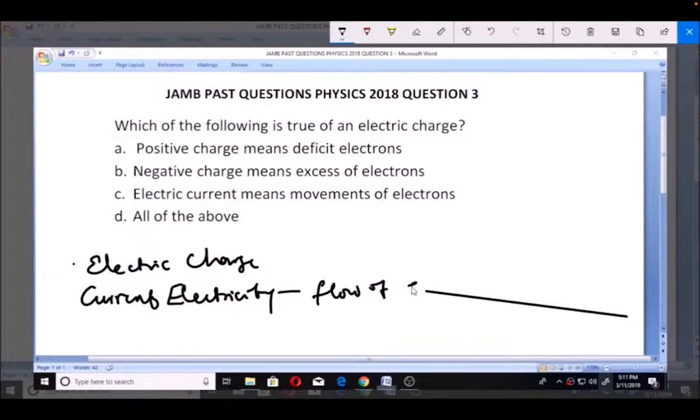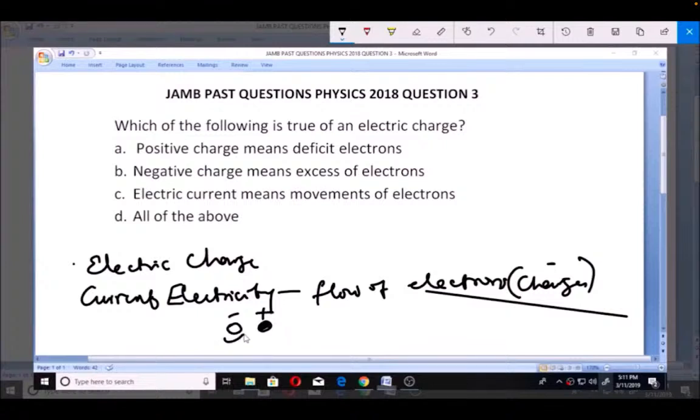We also know that electrons are charged negatively. Now, in an atom we have electrons and we have protons. The electrons are negatively charged and the protons are positively charged.